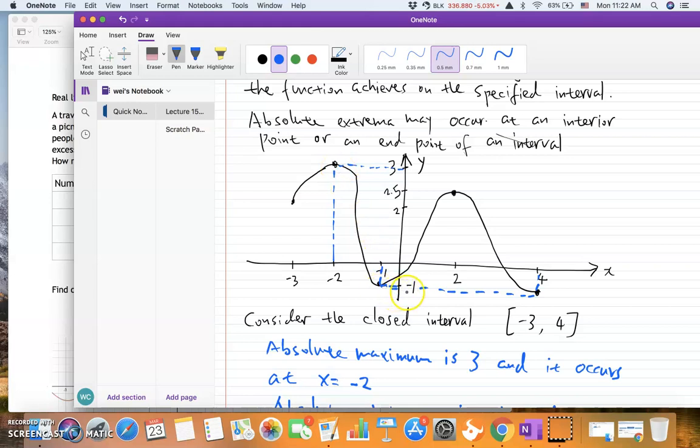And because at -1 or at 4, the function value is -1, which is the smallest in this interval from -3 to 4, -1 is the absolute minimum. And this absolute minimum occurs at x equals -1 and x equals 4.